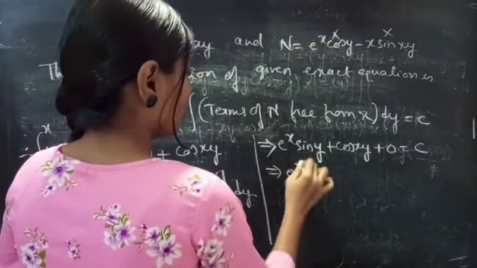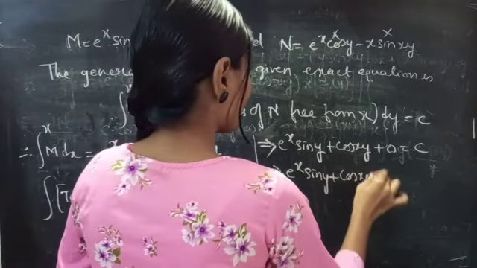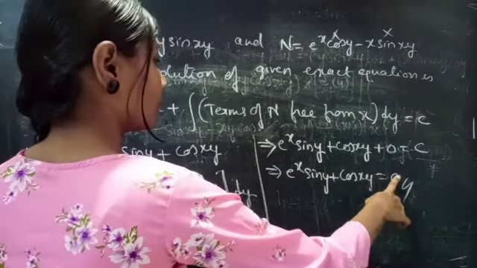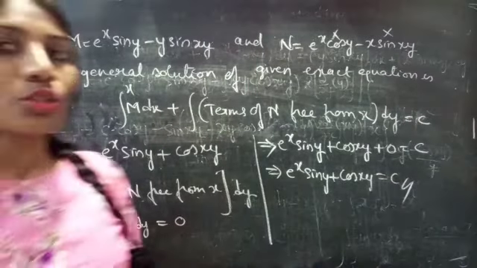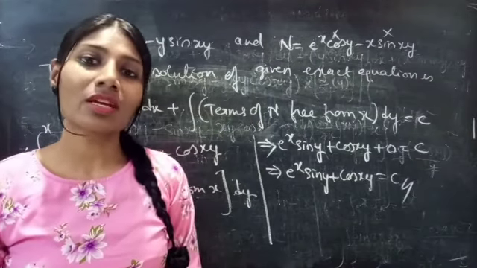Then e^x sin y plus cos xy equals c is the required general solution. So we have seen a problem on exact equations in this video. Hope you'll understand. We'll see you in the next video. Until then, bye bye.